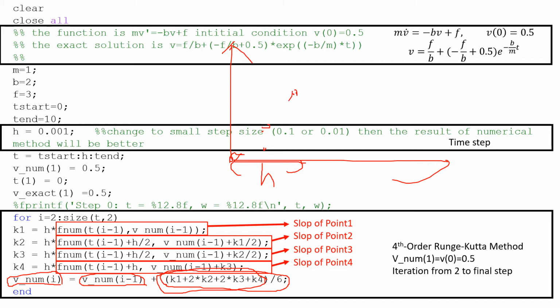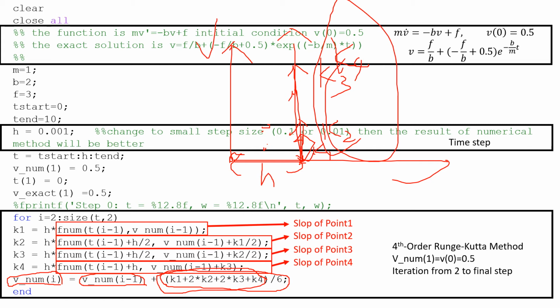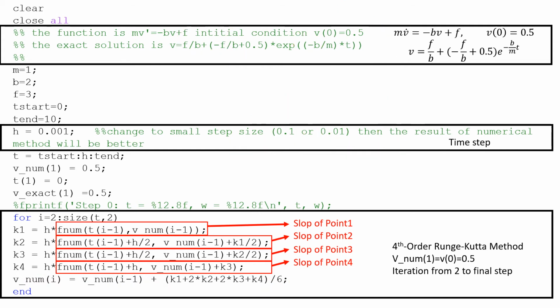In the 4 points, we will get different durations and different increments in the velocity: K1, K2, K3, and K4. Then we average to get the average increment in the velocity. So this will be the best idea for Runge-Kutta.